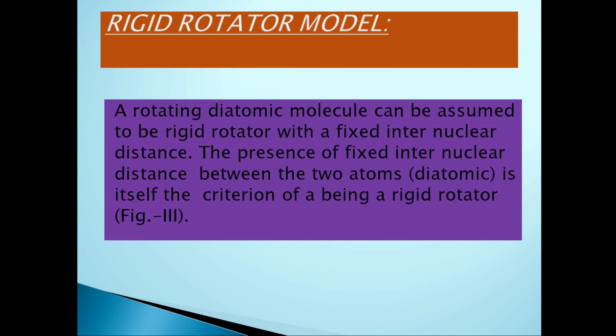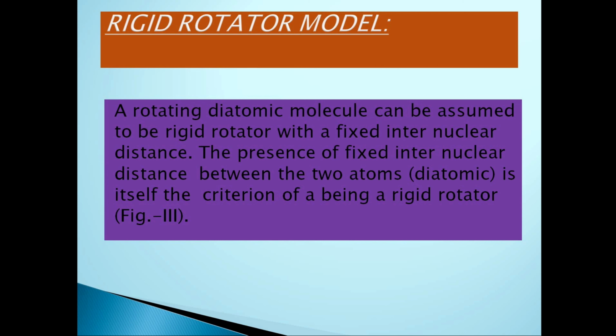Now, a rotating diatomic molecule can be assumed to be a rigid rotator with a fixed internuclear distance. That is, the distance between the two nuclei of these two atoms, having masses m1 and m2, must be fixed. Only then this is a rigid rotator.